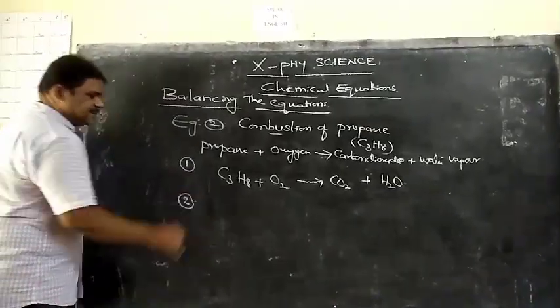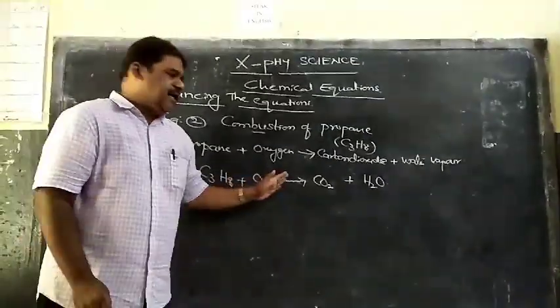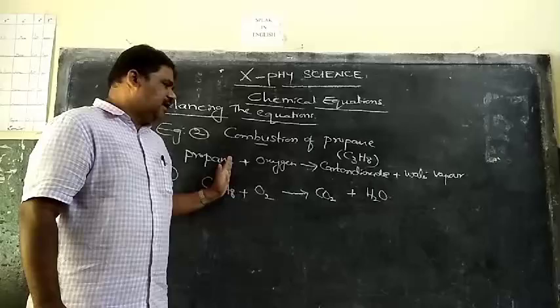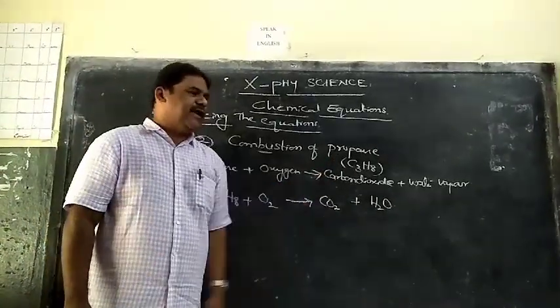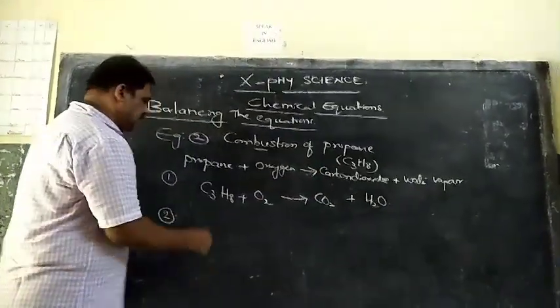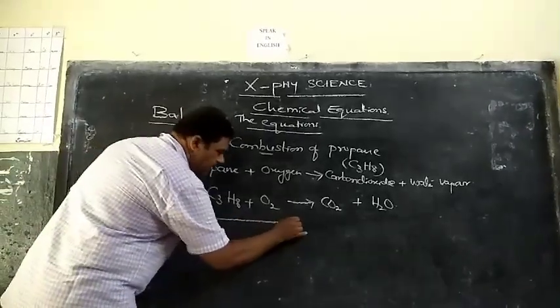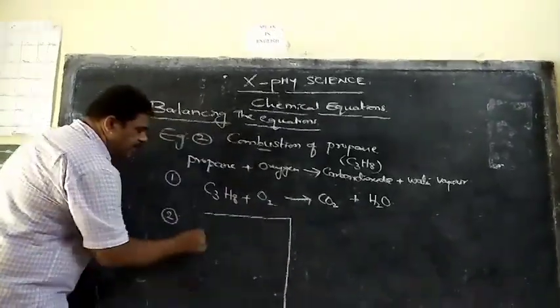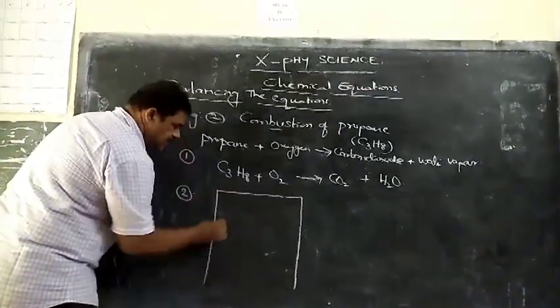Now second step is we should check number of atoms of an element on left side is equal to number of atoms of the same element on right side. So let us see how many elements are there and how many atoms they contain.